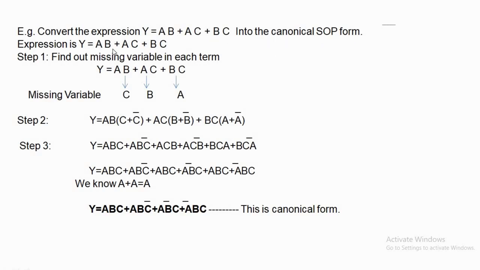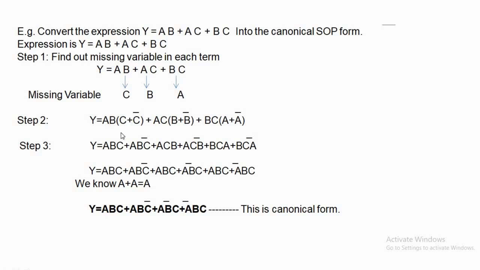Basically, how many variables are there in this expression? 3 variables are there, A, B and C. So to convert this standard form to canonical form, each term should contain 3 variables. First step, find out the missing variable in each term. In the first term C is missing, in the second term B is missing and in the third term A is missing.